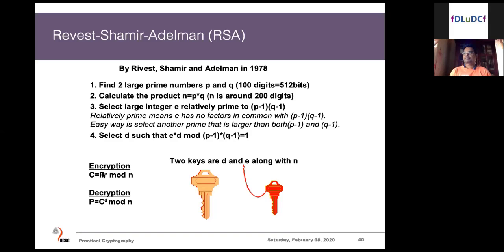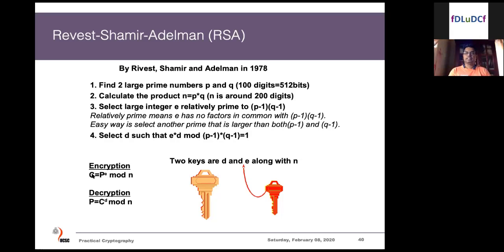If you want to encrypt capital A, our P is 65, the ASCII value of capital A. So then 65 to the power of E, a 100-digit number, modulo N, where N is a 200-digit number. The answer is our ciphertext. As you may understand, this is a huge calculation. We get back the ciphertext.